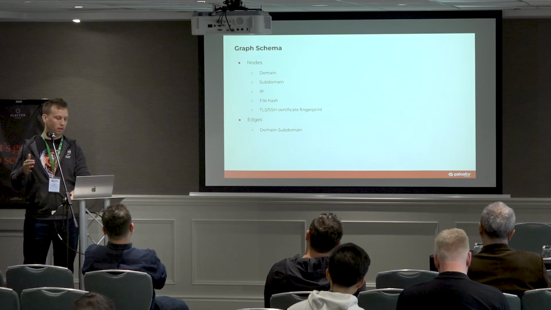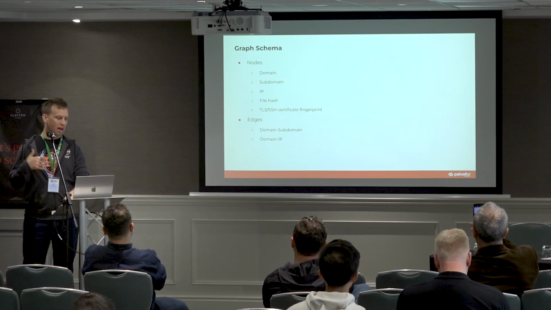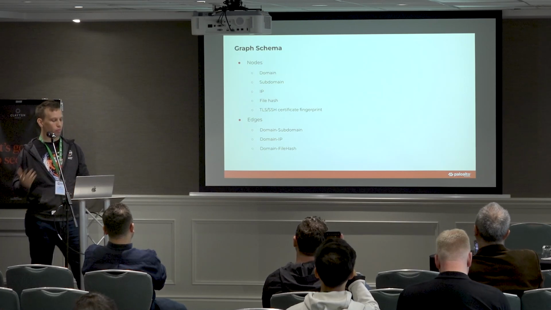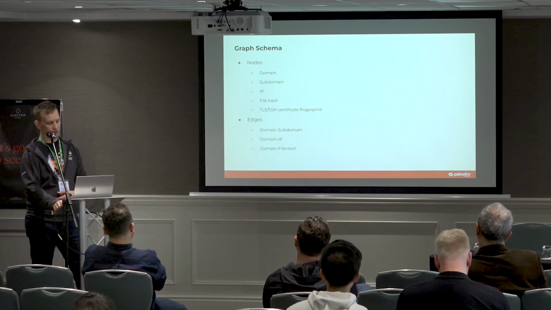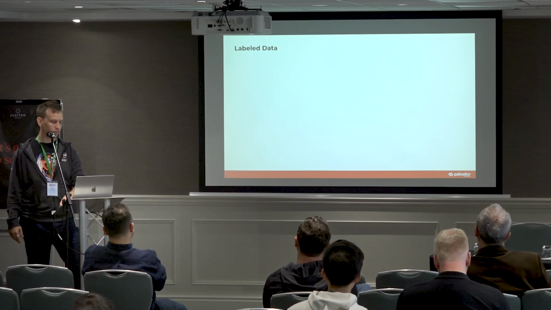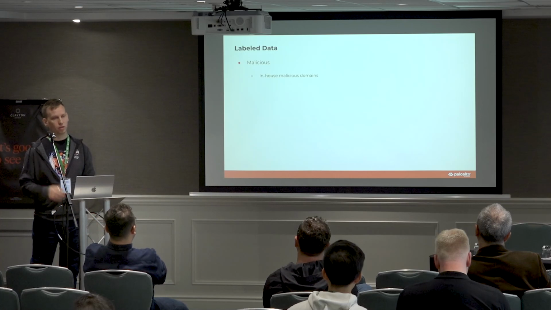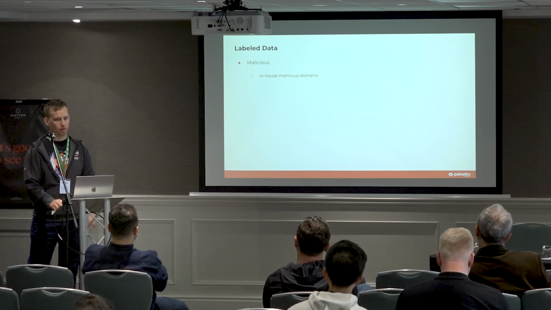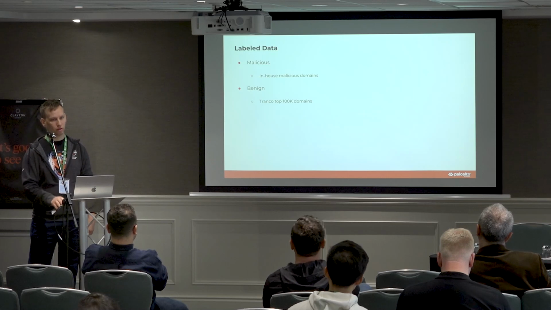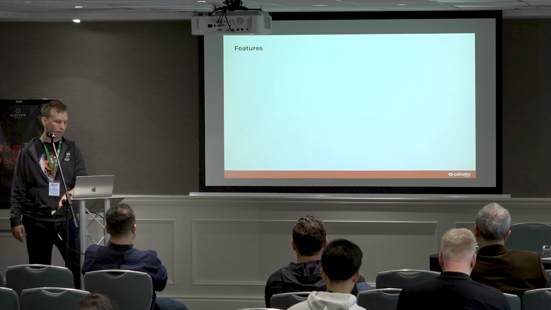It could be a domain-subdomain relationship, which IP was used for this domain name, if we have seen a communication from a domain name, or what certificates it used. And for label data, we use some in-house malicious domain names that we have developed over the years. And for benign, we use the popular Tranco top 100,000 domains, and also some in-house benign domains that we know are benign.